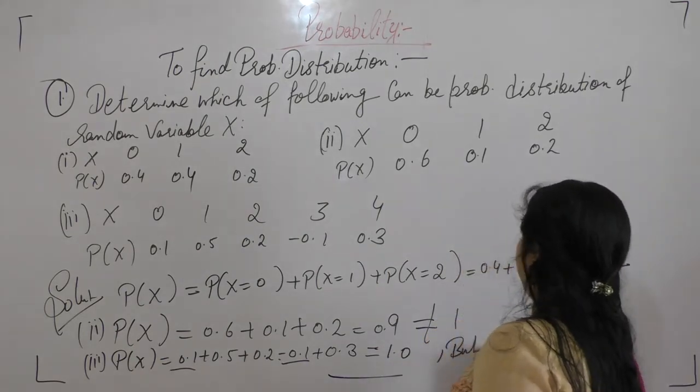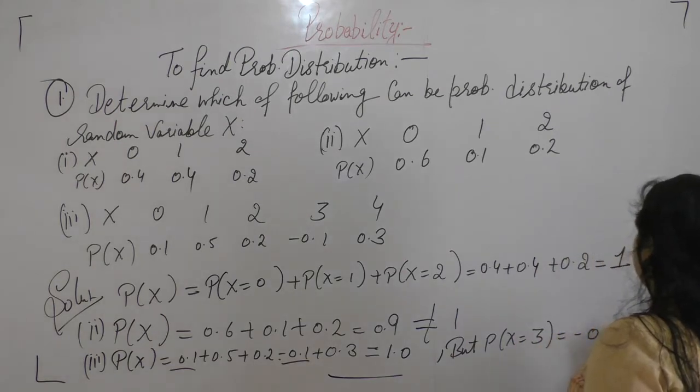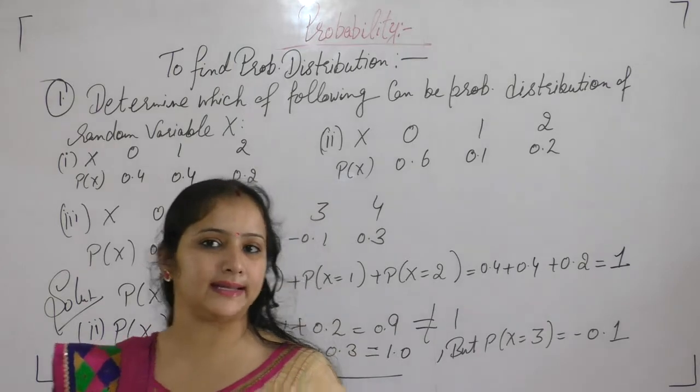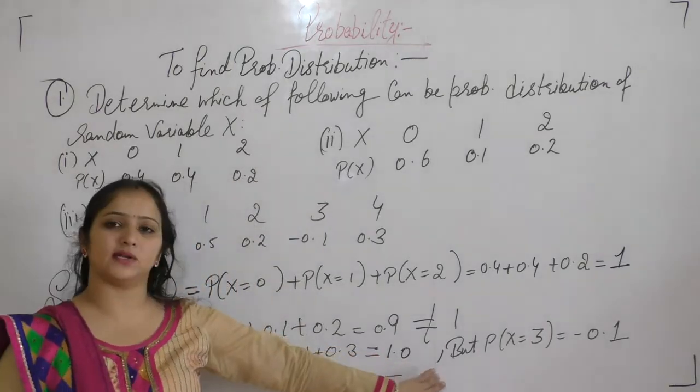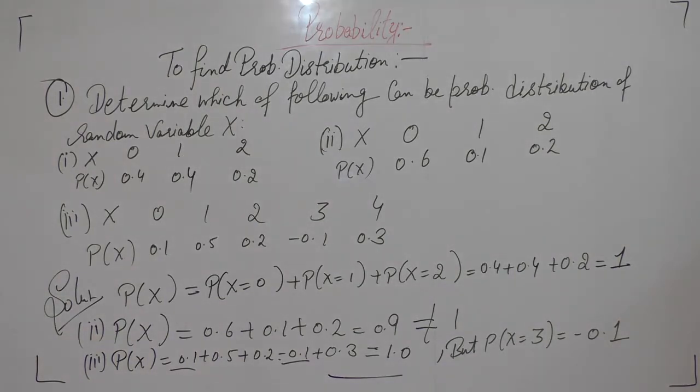But the probability of x at 3 is minus 0.1. We know that probability cannot be negative, so that is why it is not a probability distribution of a random variable. Note it down.